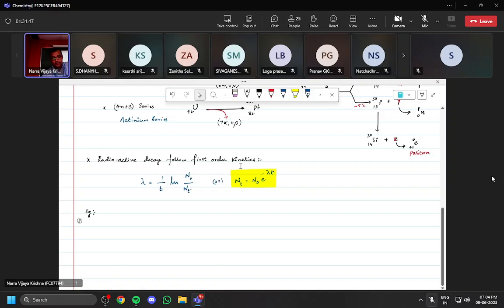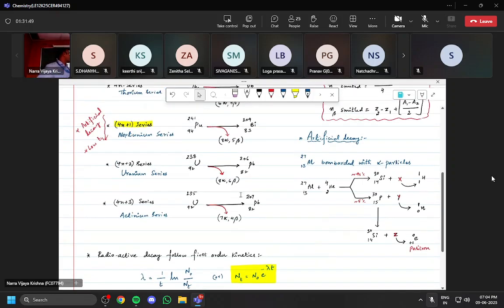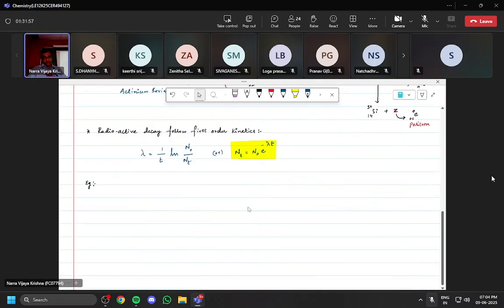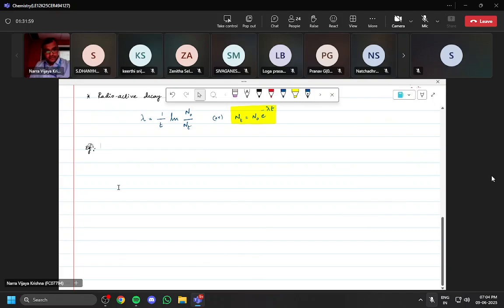Now see this example. I am taking any one decay. I am not bothered about alpha particles and so on.